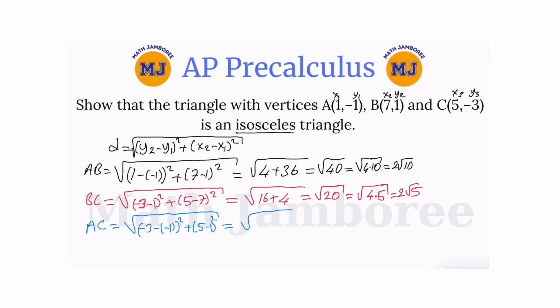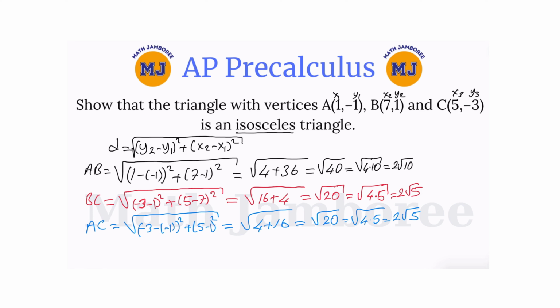Negative 3 plus 1 is negative 2, squared is 4, plus 5 minus 1 is 4, and 4 squared is 16. This becomes the square root of 20. Remember, we had the same values for the length of BC, and this becomes 2 root 5.